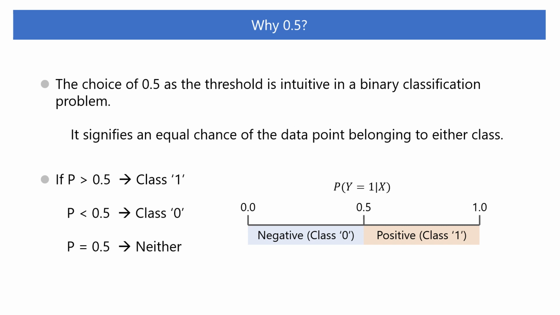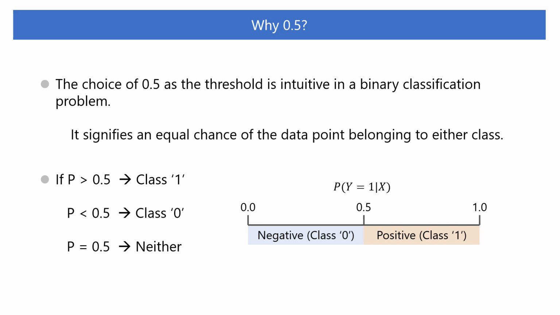The choice of 0.5 as the threshold is intuitive in a binary classification problem. It signifies an equal chance of the data point belonging to either class. If the probability is higher than 0.5, we predict class 1. If it is lower, we predict class 0.